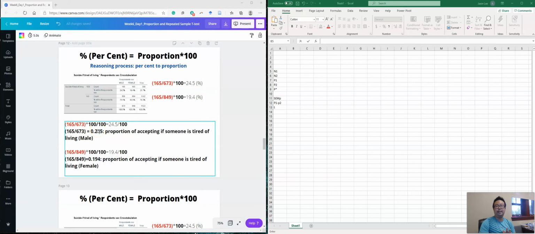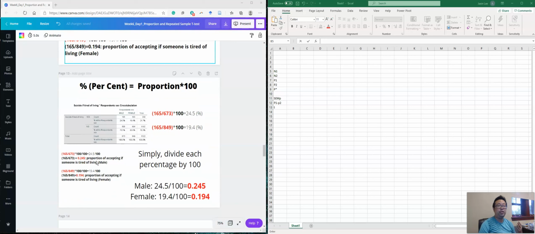In mathematics, if you multiply by the same number, or divide by the same number, on both the left-hand and the right-hand side, it will generate the same calculation. So there is the multiplication by 100, and you can divide by 100 on both sides. That will be just 0.245, and then 0.195.